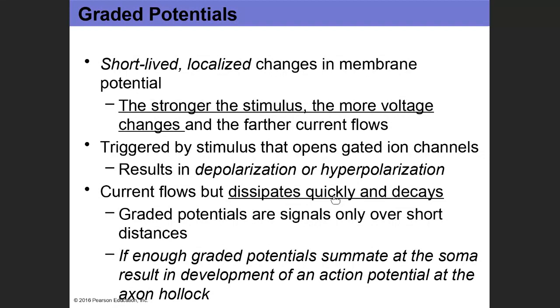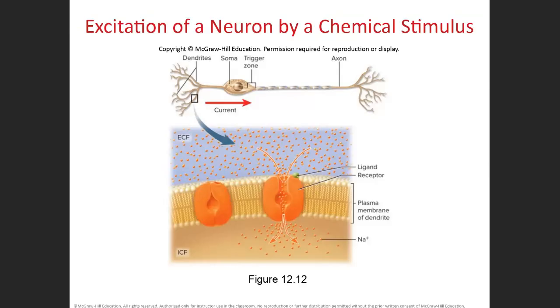It doesn't stop, so it doesn't die out. It doesn't fade. But in graded potentials, this does happen. The electrical signal will fade away or decay. And then, like I mentioned, you have to have enough graded potentials summate, or collect at the soma, in order to cause this action potential to start at the axon hillock.